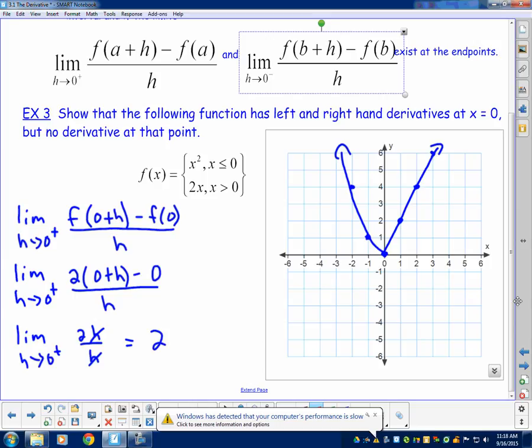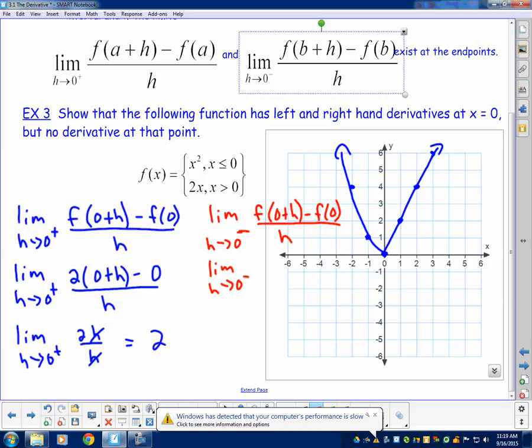So we have limit as h approaches 0 from the left of f of 0 plus h minus f of 0 over h. You need to go ahead and plug this in.